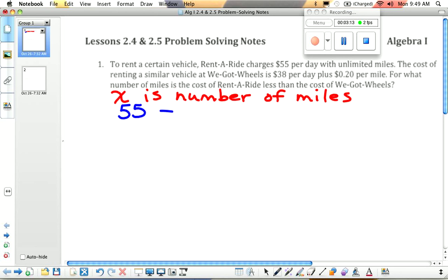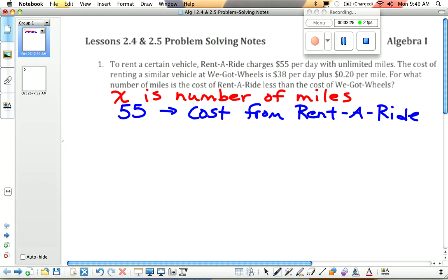So 55 is going to be the cost from Rent a Ride. And we're just doing this on a one-day basis. It says per day. It doesn't say that we have to find it for using the vehicle for 7 days or something. So we're just going to assume they want it for 1 day.